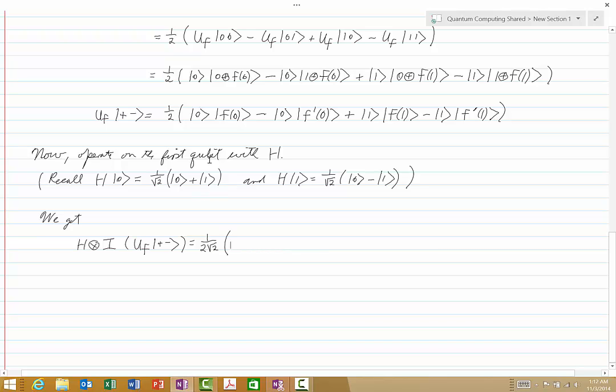Okay, so when we operate on this 0 with H, then the result of this first term will be 0 F of 0 plus 1 F of 0.